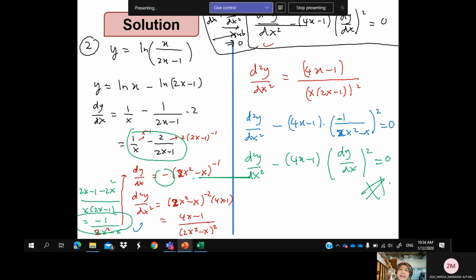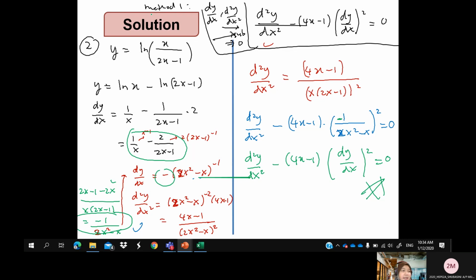Shown. So that's it for the show. This is the one. If it's complicated, you can use the first method from earlier. So done for this part.